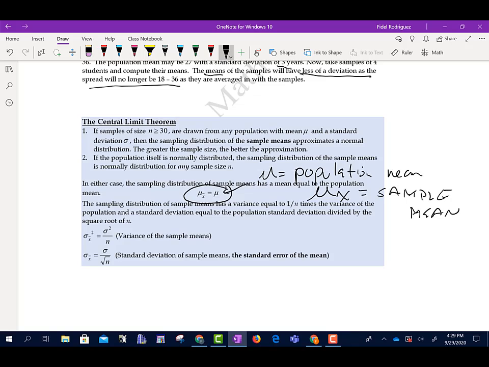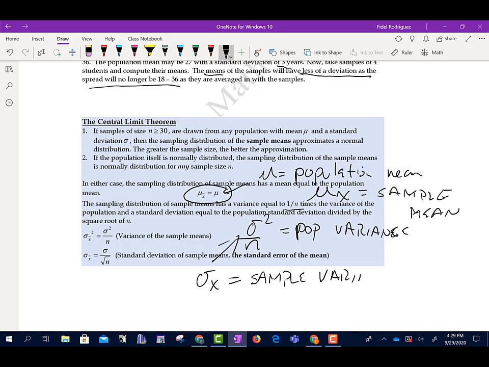Let's see. The sampling distribution of the sample means has a variance equal to 1 over n times the variance of the population. So this number here is going to be our population variance, I should say. When we divide it by n, this gives us our sample variance, okay?